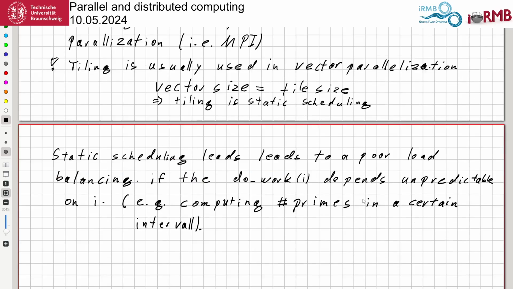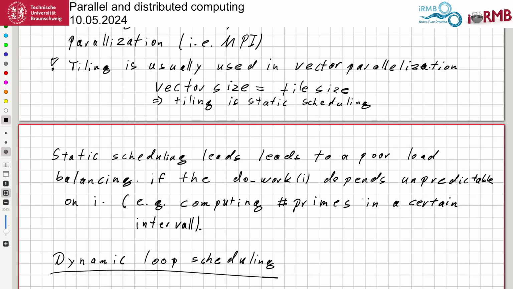Because this does not always work, we go to the alternative of dynamic scheduling. Static is always working, but it's not optimal. Dynamic scheduling could be anything. The basic idea is, depending on how much work you have to do, or whether you run out of work, you get new work.